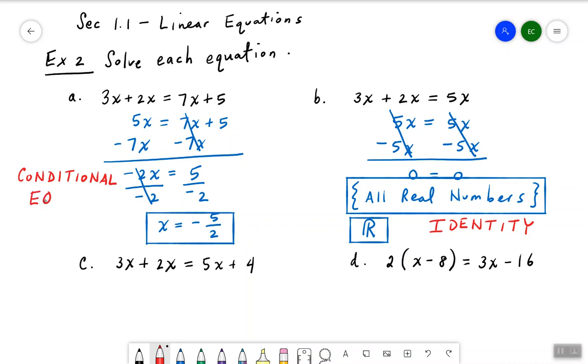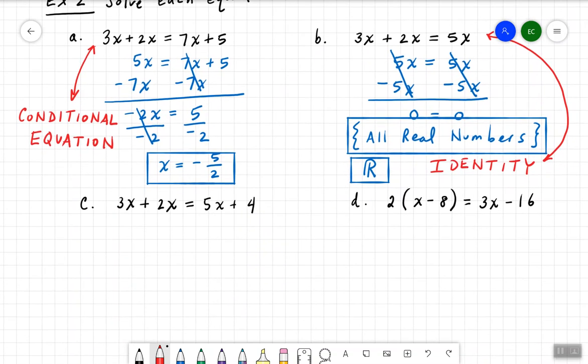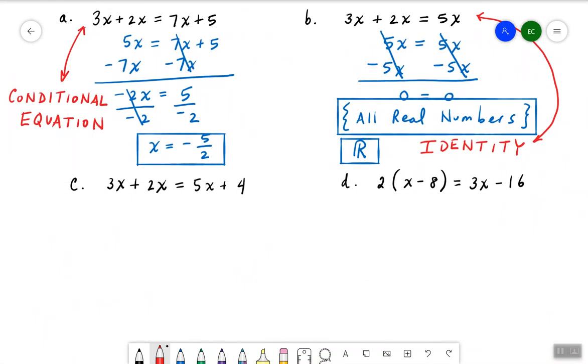Those were all conditional equations as well. And now here we have one more. So this is a conditional equation. This equation over here is an identity. There's one more possibility in terms of the number of solutions we could have. We'll see it when we look at the next example.